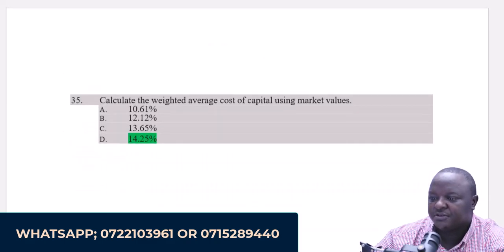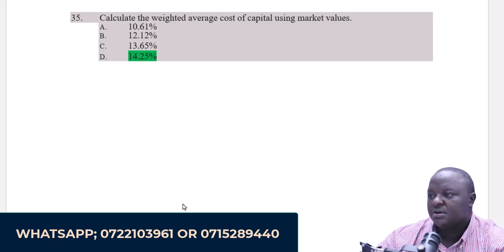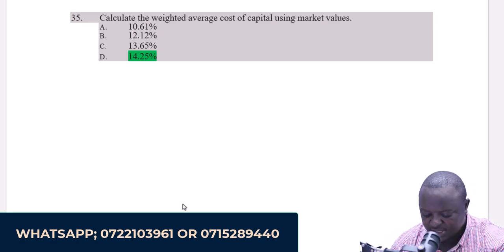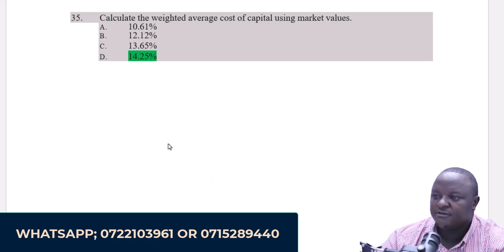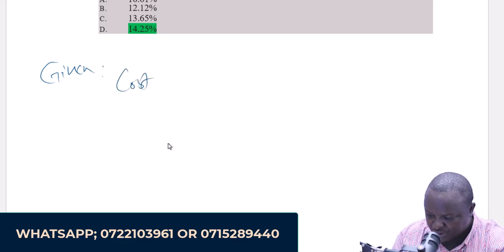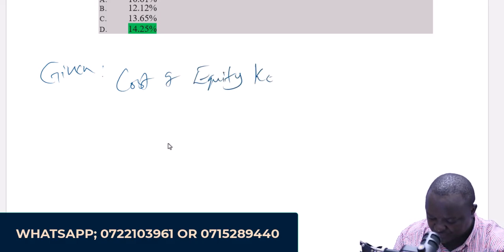Now question number 35, calculate the weighted average cost of capital using the market values. For us to calculate the weighted average cost of capital, we have been given the cost of equity. We got that.